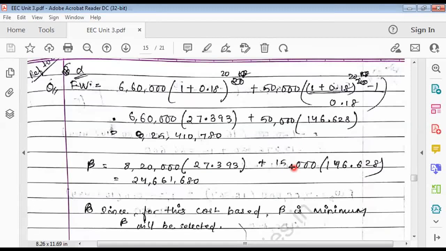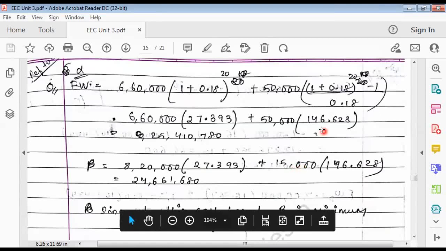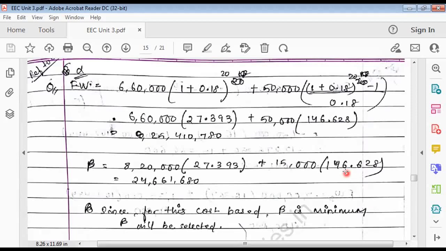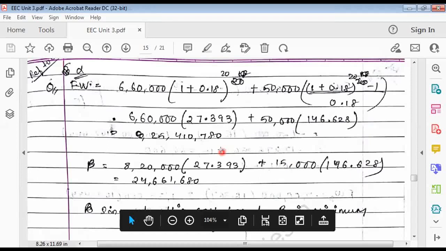The company must spend this every year for the next 20 years. So it is an annuity problem again, and you find that the value for this formula is 146.628.